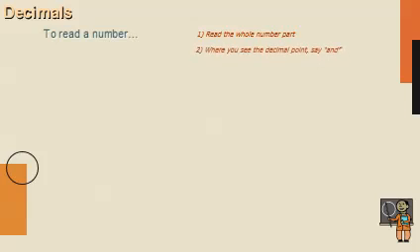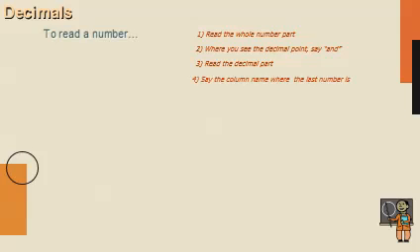Then after that, where you see the decimal point, you say and. So the point, we are going to express it as and. Then you have to read the decimal part. But after reading the decimal part, you have to say the column name where the last number is, whether it's in the tenths, the hundredths, the thousandths, and so on.